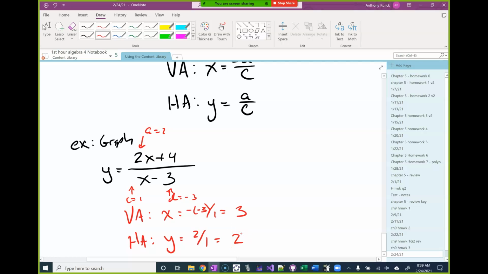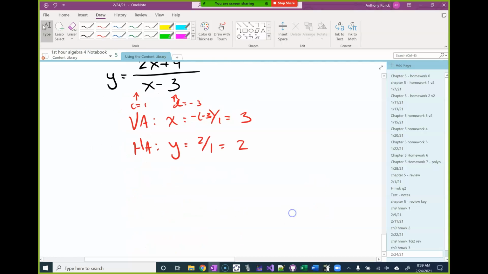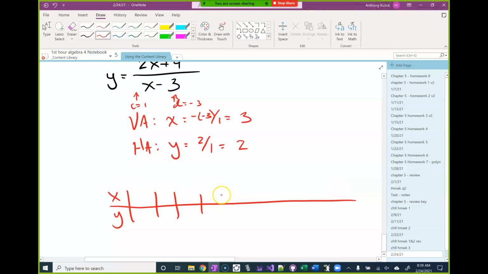Table, 1, 2, 3, and then my vertical asymptote. So again, I'll just pick the 4 values on either side of that asymptote. You can pick really any values on either side of the asymptotes, but you don't have to be tricky about things. I just picked values pretty close to the asymptote that are whole numbers, right?